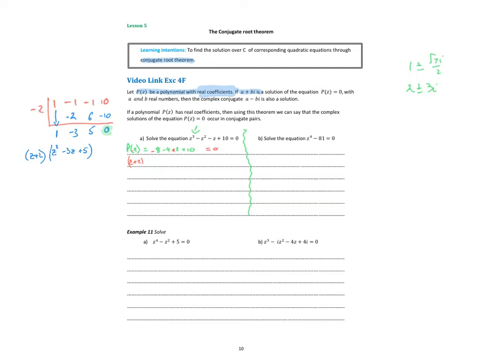I'll go over here and do our division as we learned it primarily last year. Z plus 2 is a factor. Obviously, you can use your repeated factor method as well. Z cubed minus z squared minus z plus 10. Let's get a z squared up there. Z squared times z plus 2 gives z cubed plus 2z squared. Subtract them. So we get minus 3z squared minus z.